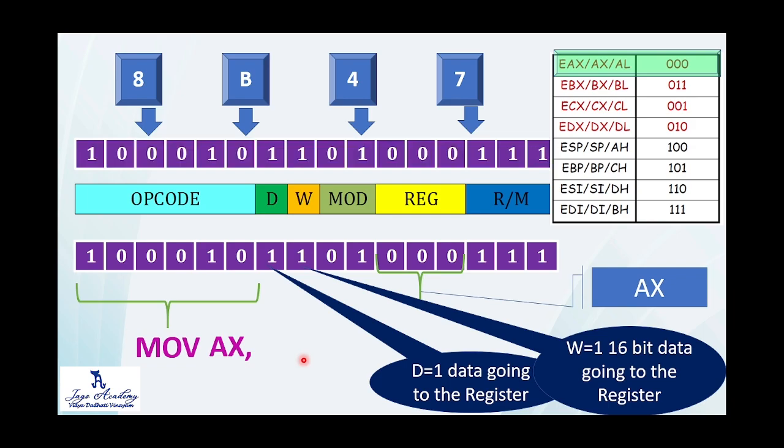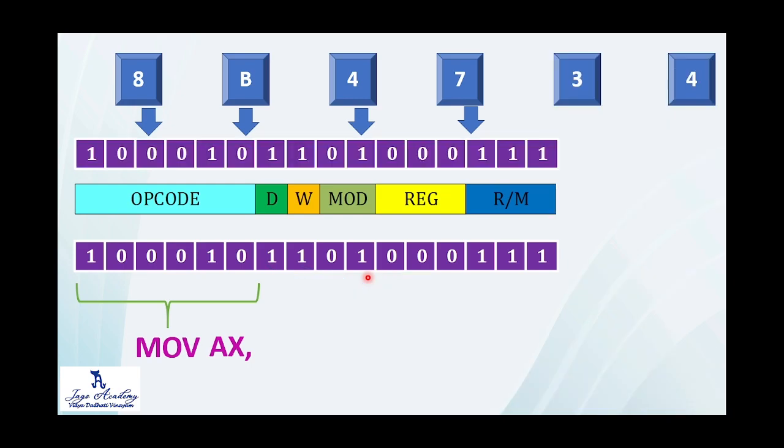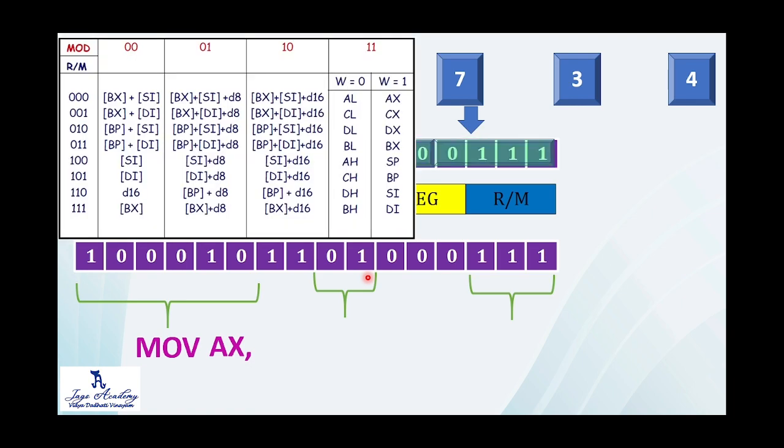You don't know whether the source is going to be a register or memory. That information you will get from the mode bit and also from the R by M bit. So using this mode bit information and R by M information, refer to the table and check where 01 and 111 exist.